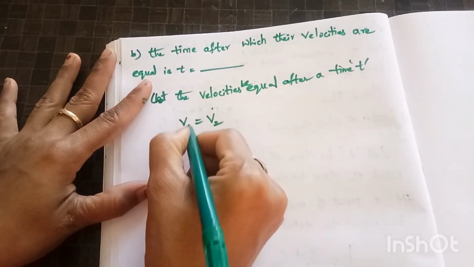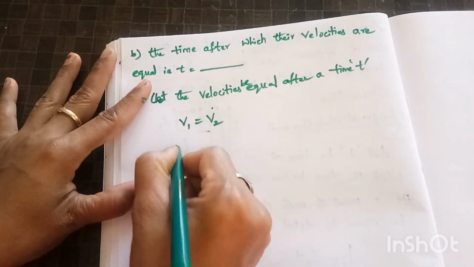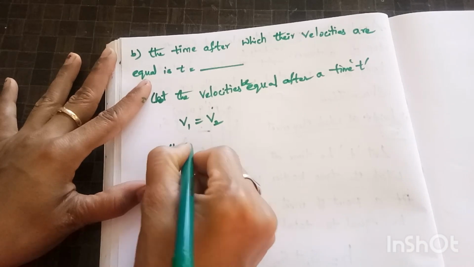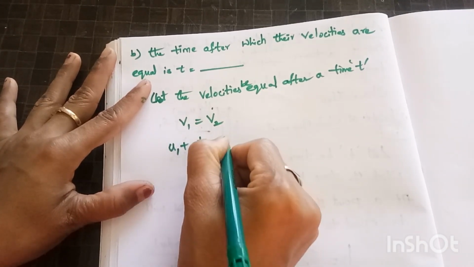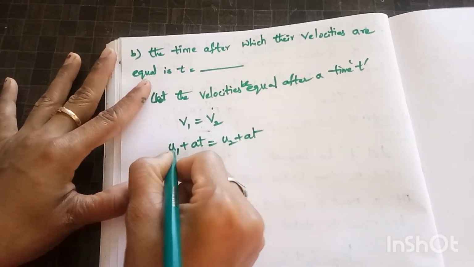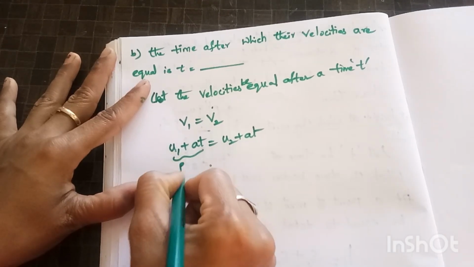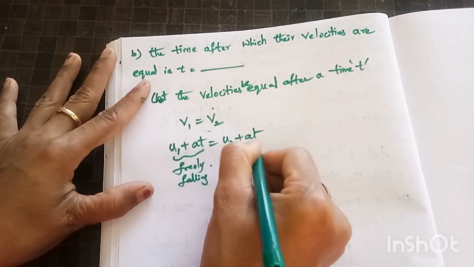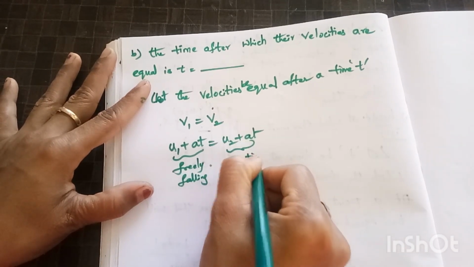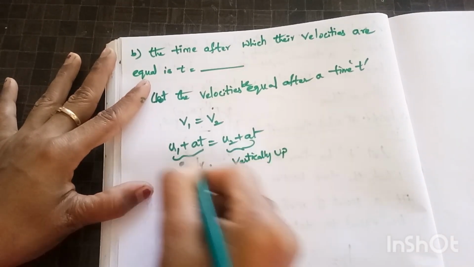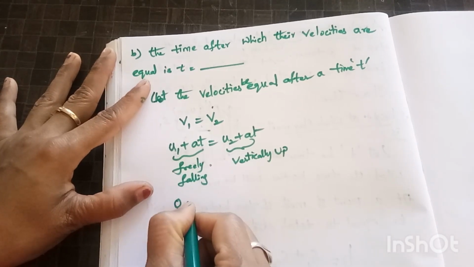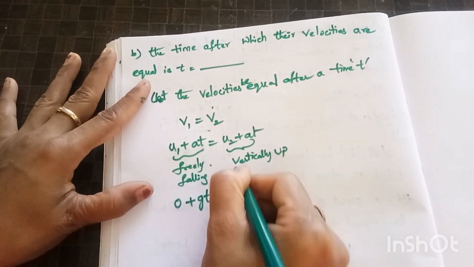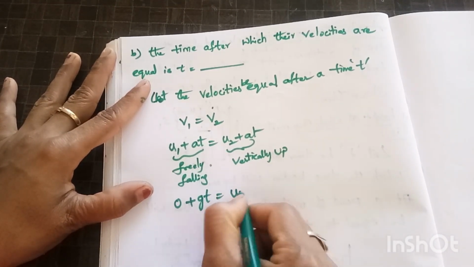Okay, velocity v1, u1 plus at is equal to u2 plus at. This is freely falling. This is vertically upward. So freely falling is 0 plus gt is equal to u minus gt.